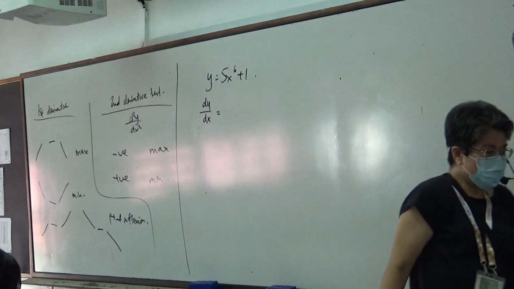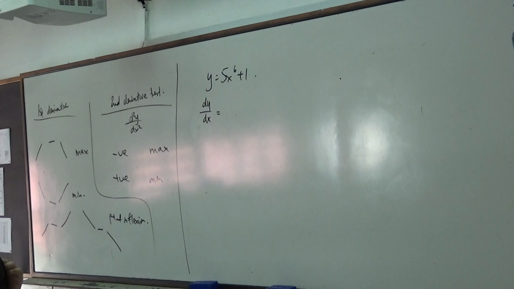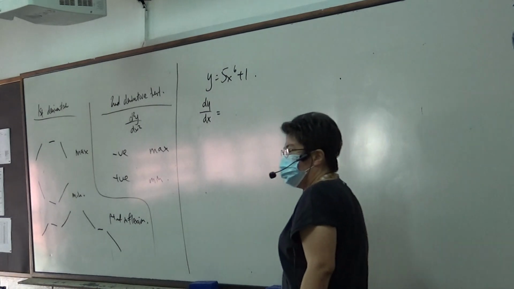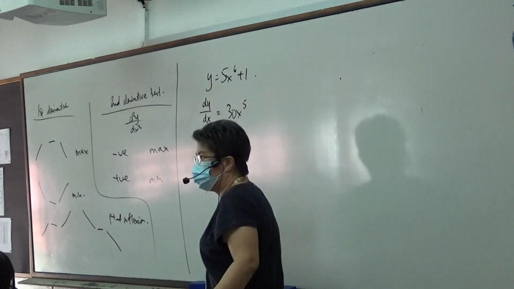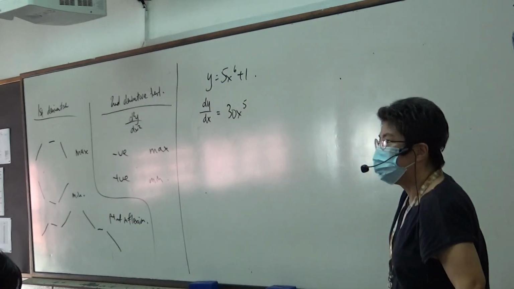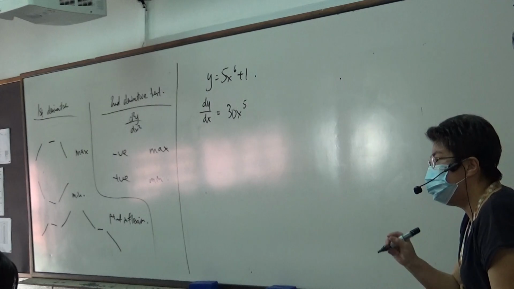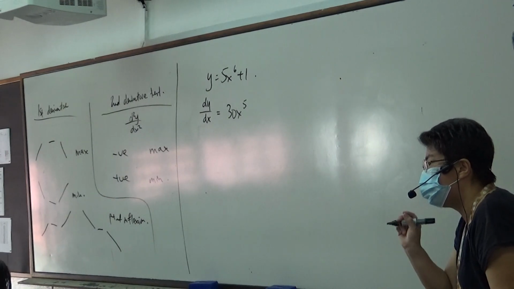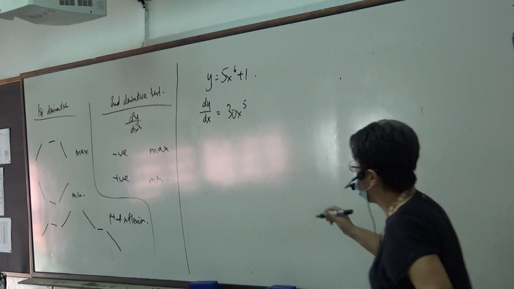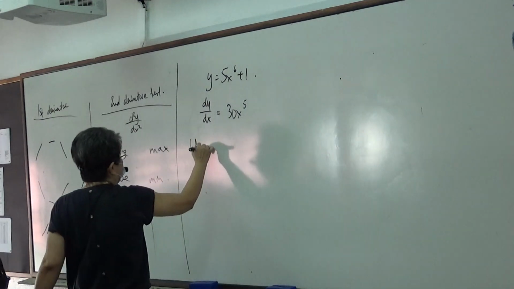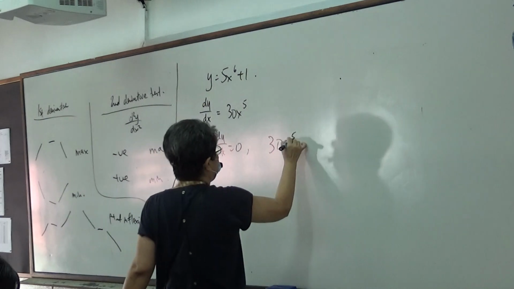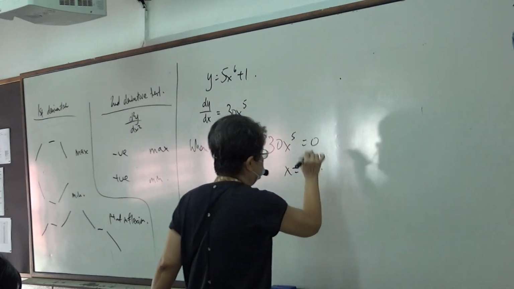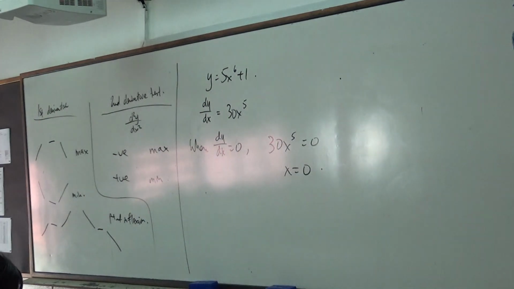Can someone tell me what is dy/dx? 30x^5, right? That's all right. Correct. For stationary points, dy/dx must be what? 0. Okay, so when dy/dx is 0, am I right?